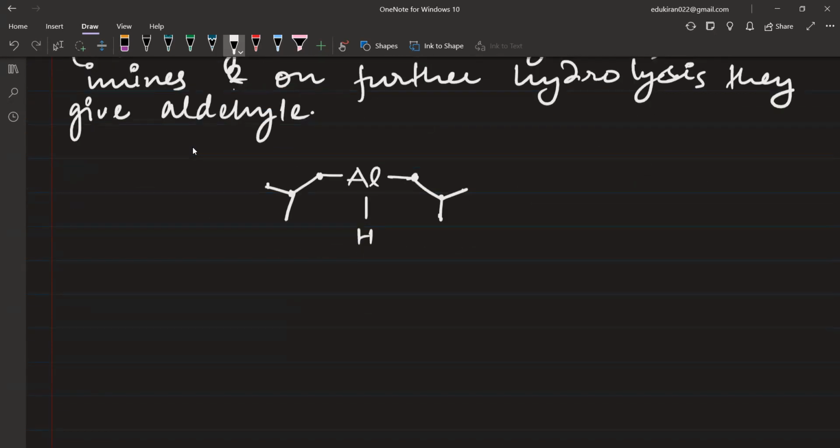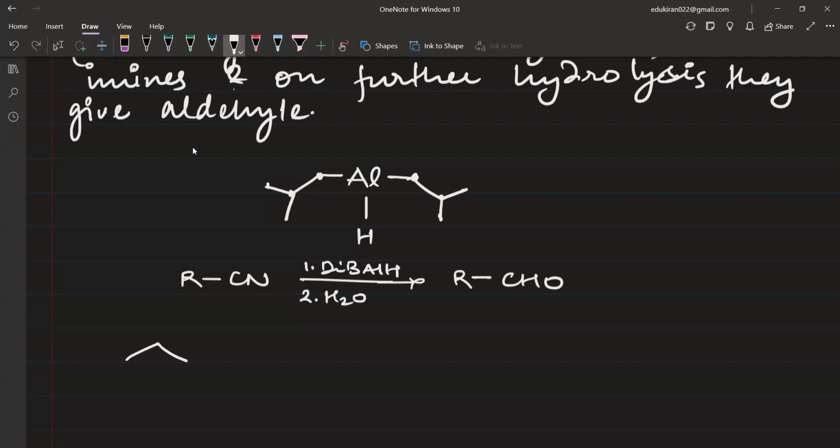So when you have RCN, in the first step we will give Dibal H. Second step we will give H2O, just water, and you will get aldehyde RCHO.